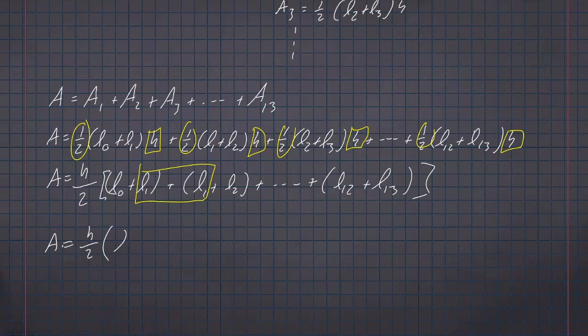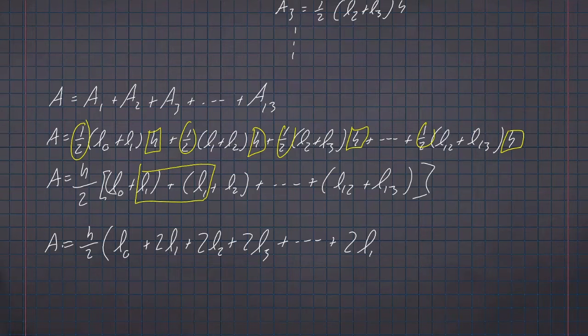Other than that, we've got L0 plus 2L1 plus 2L2, 2L3, and it keeps going until we get to 2 times L12, and then just 1 of L13 at the end.